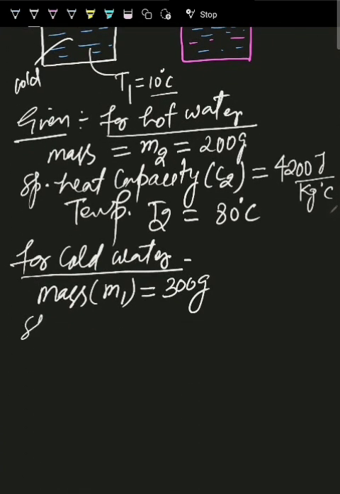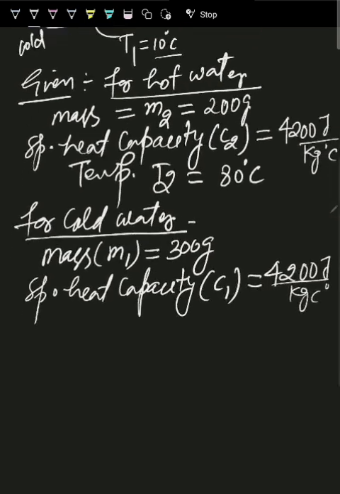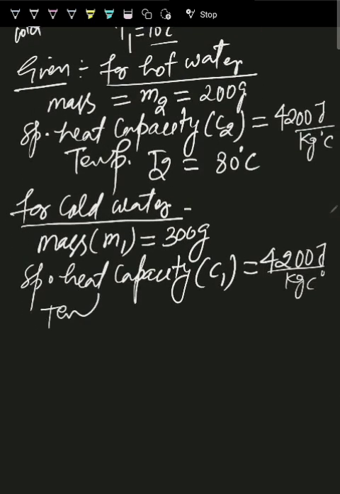The specific heat capacity, that one is C1, is the same, 4200 joule per kg per degree centigrade. And its temperature T1 is equal to 10 degrees Celsius.